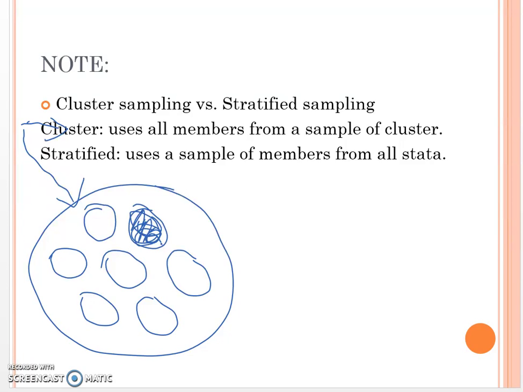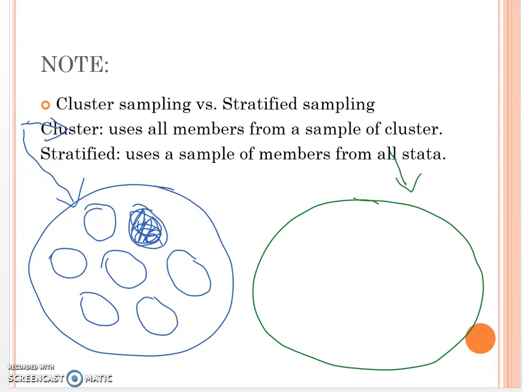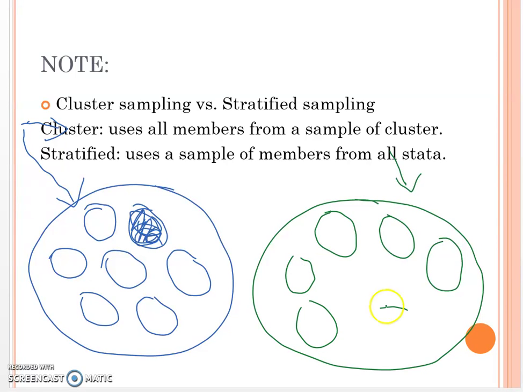Let's look at stratified. Stratified uses a sample of members from all the groups. So suppose this is the population, and again we can put them into different groups. And what we do here for stratified sampling is we take a sample from each group. So the first sample from the first group, second sample from the second group, third sample from the third group, and so on.